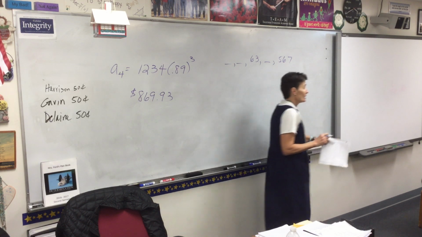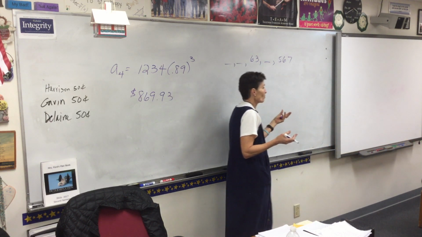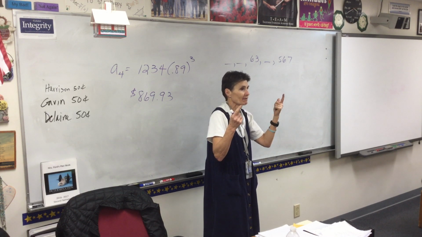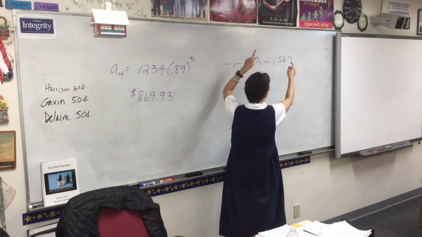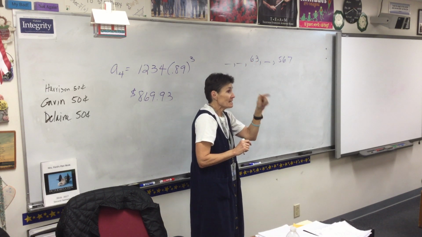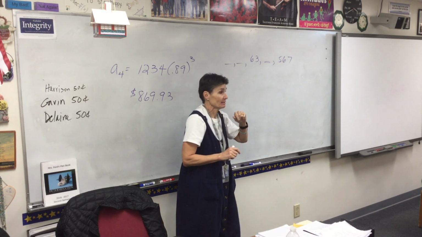Okay, so here's what I want you to do. I'm going to show you the math way to do this problem, but it's going to confuse the heck out of most of you, so I want you to just think about it for a minute. Basically, you've been given these 2 numbers. You need to figure out how you can get from 63 to 567.